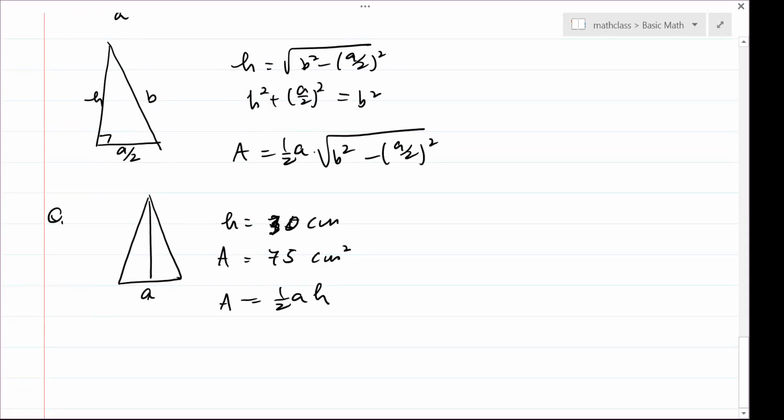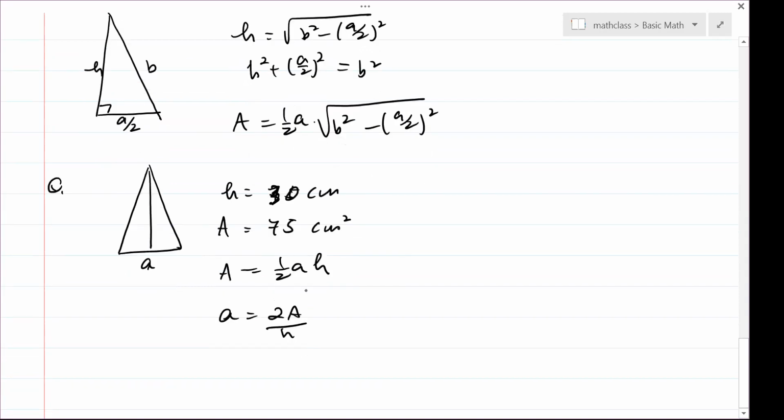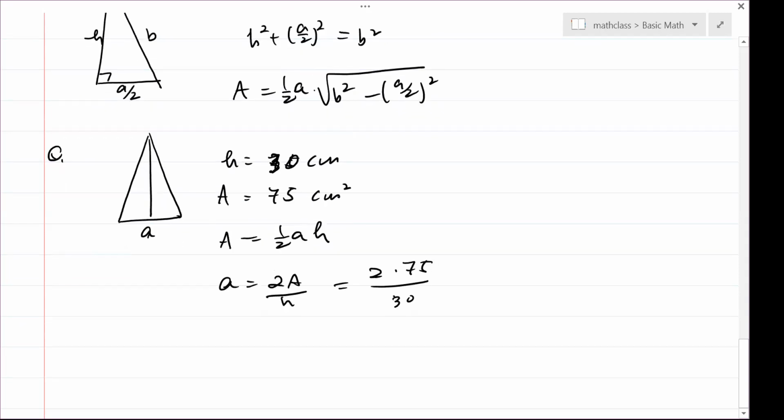So from here, you can get A, because A is twice the area divided by H. You solve for A. So 2 times 75, which is 150, divided by 30 is 5. So the base is 5.